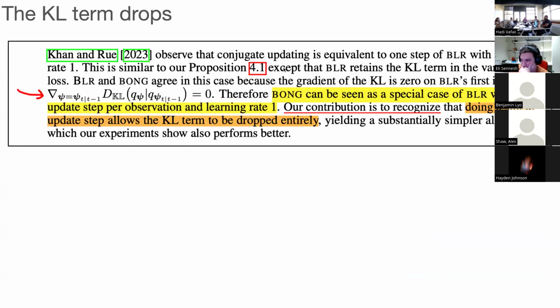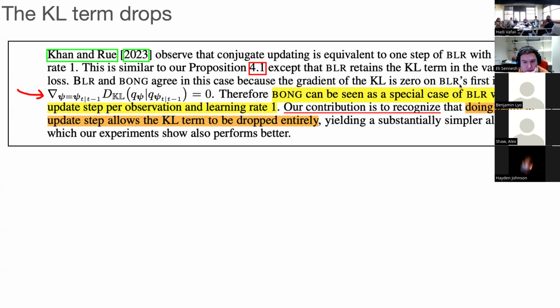They talk about it here. They're saying that in BLR's first iteration, the gradient of the KL term vanishes. Therefore, BONG can be seen as a special case of BLR, whatever, which we talked about. And their contribution is to recognize that doing the single update step allows the KL term to be dropped entirely.